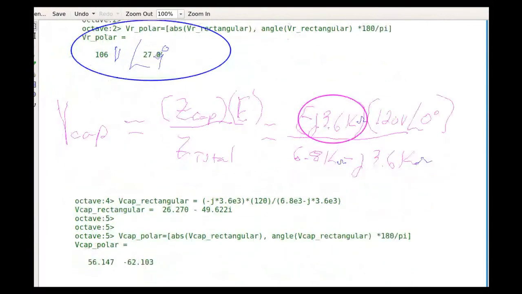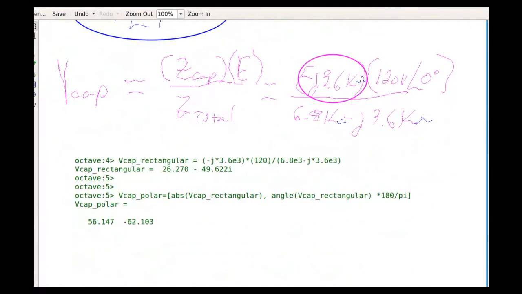Okay, so this is the voltage, and it's a negative 62 degree angle. So the answer, this is a voltage, so that's volts at an angle of minus 62.1 degrees.